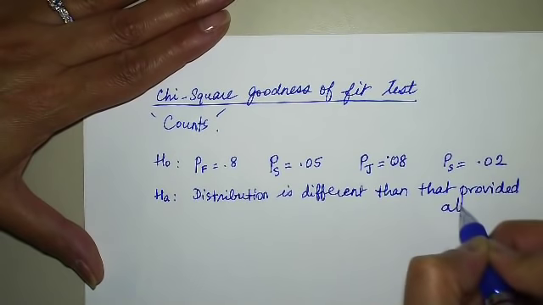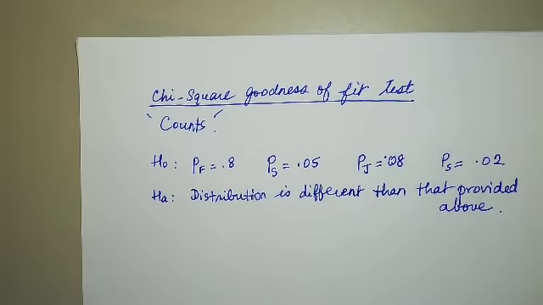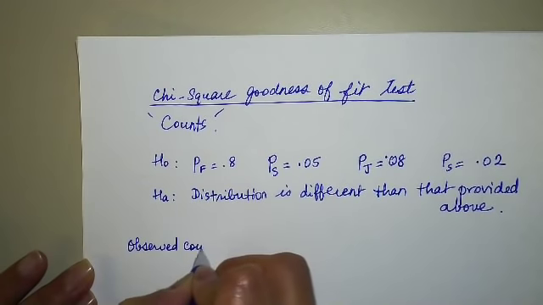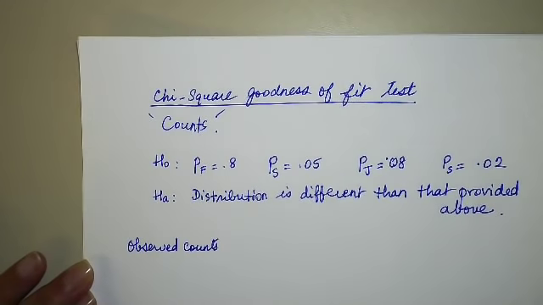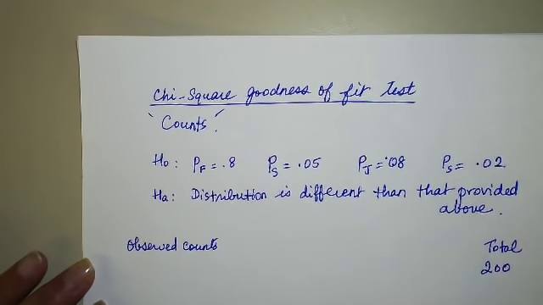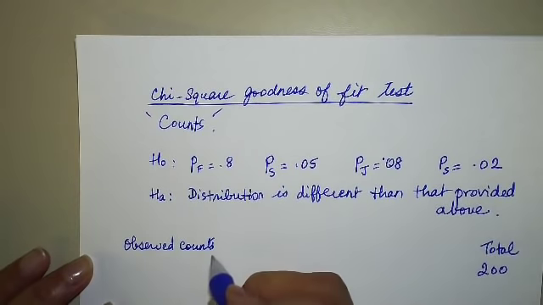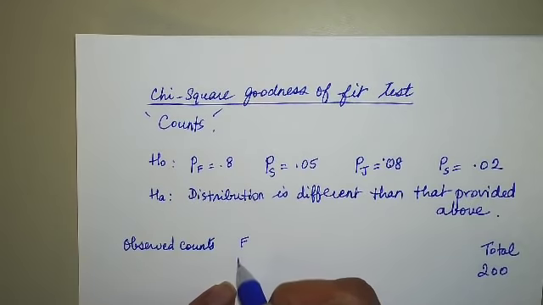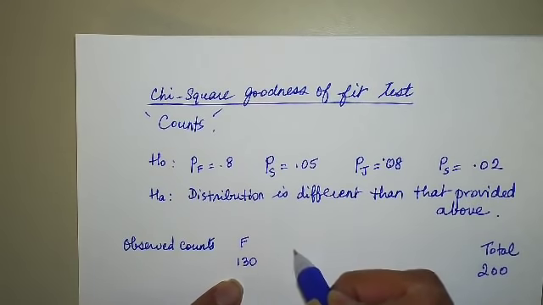And then they give you observed counts. So HA will be the distribution is different than that provided above. And then they'll give you some observed counts.